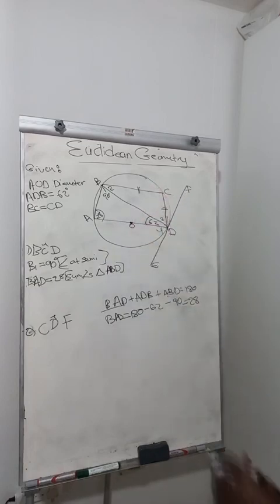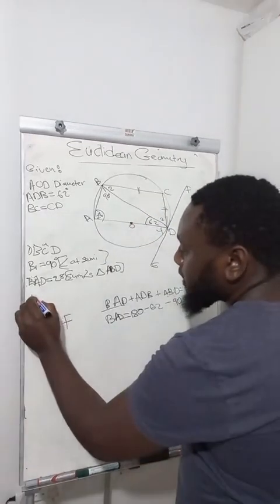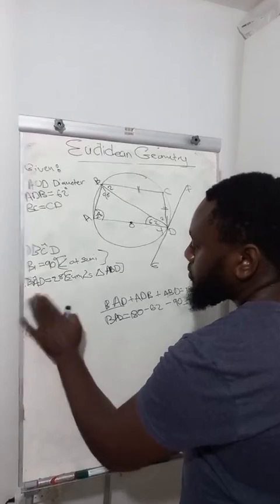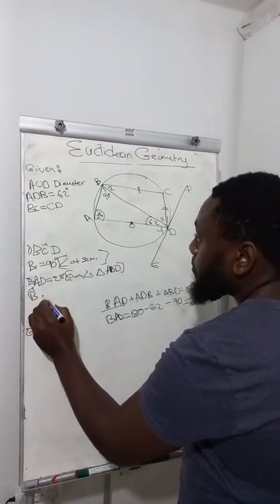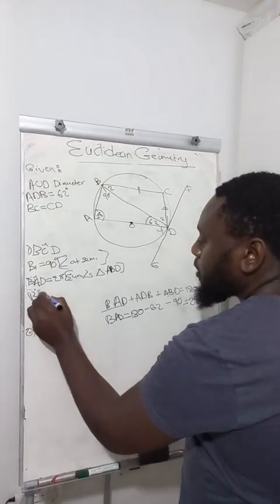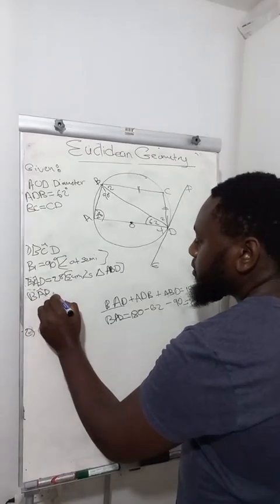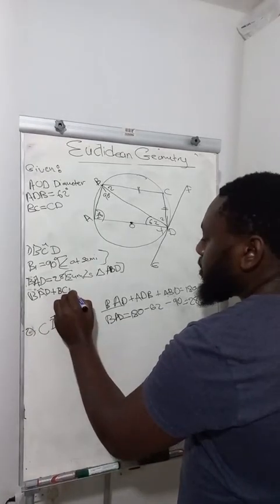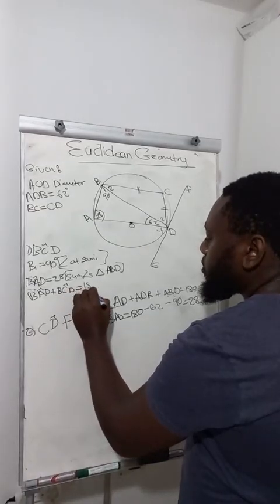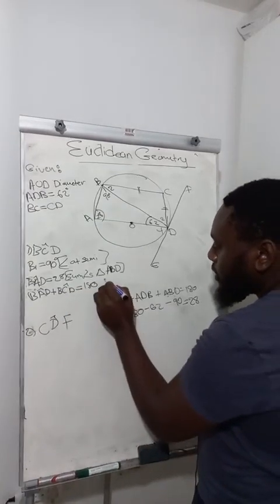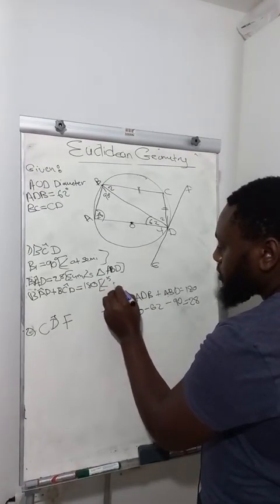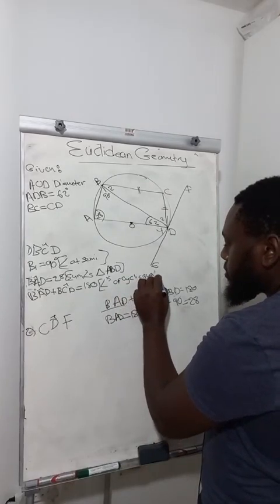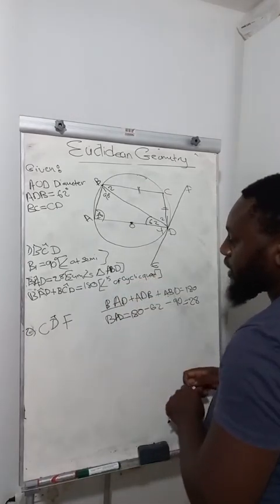So you can then say, I'll just write B, A, D plus B, C, D is equal to 180. Angles of a cyclic quad. These are angles of a cyclic quad, né?